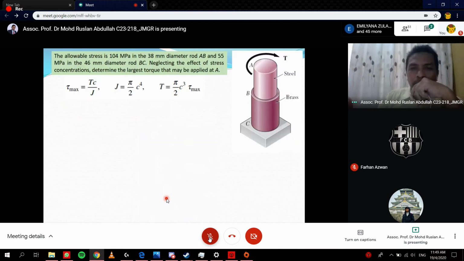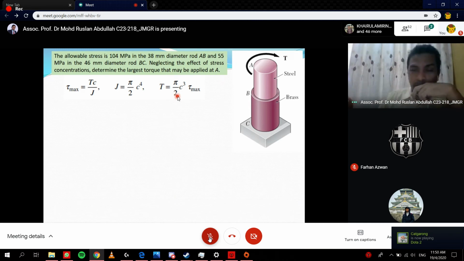First, because tau here equals the maximum, we can simplify this formula as before. This is the general formula, and this is the simplified formula.